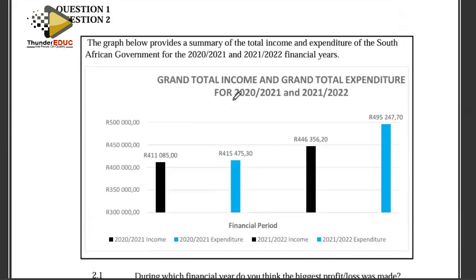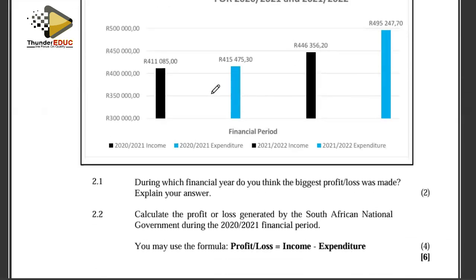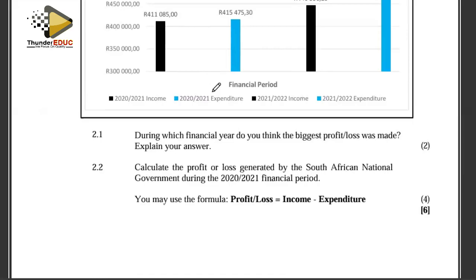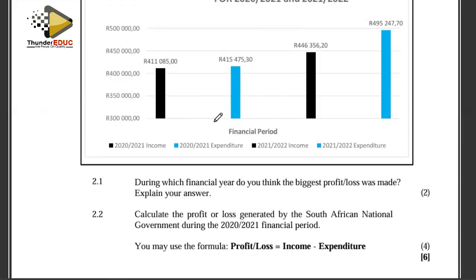The graph below provides a summary of the total income and expenditure of the South African government for 2020, 2021, and 2021-2022 financial years. Okay, during which financial year do you think the biggest profit or loss was made? Explain your answer.